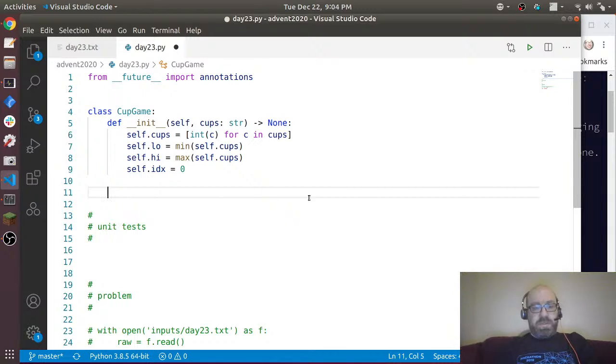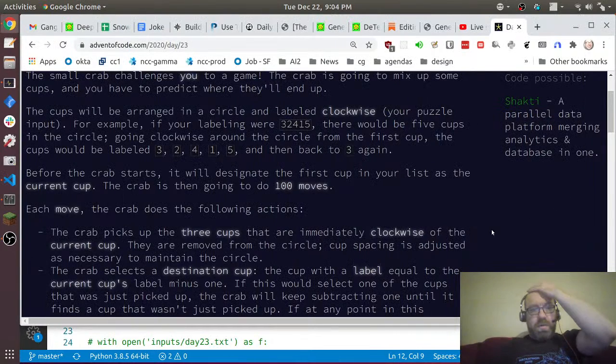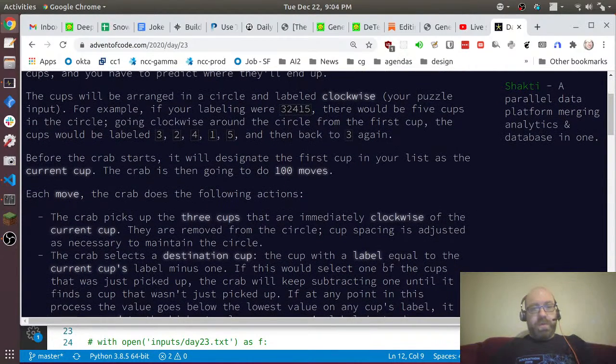And I may rethink how I want to model this, but for now I'm just going to leave it. Each move is the following: picks up the 3 cups that are immediately clockwise of the current cup.